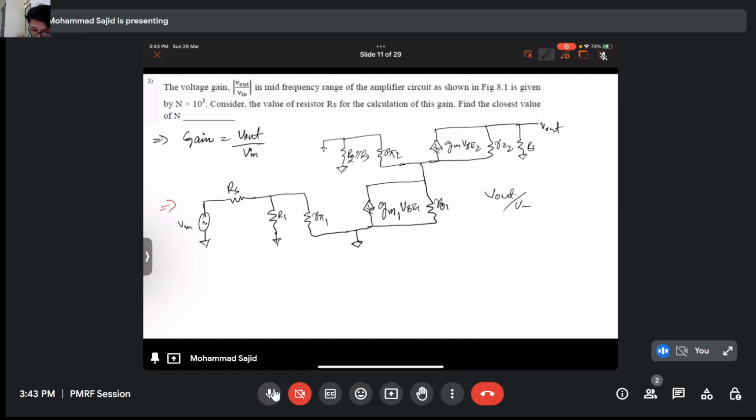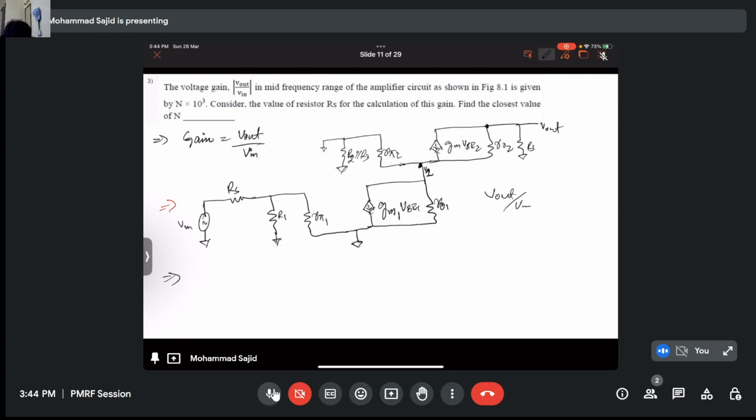So let's first see how we can relate this node V1 with V output, or what we can do is we'll first find V1 in terms of V in. Let's first see then what is V out.